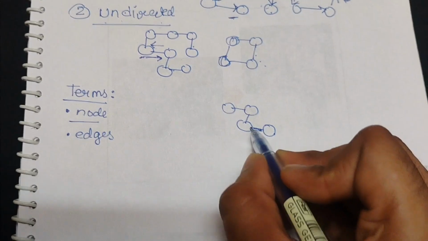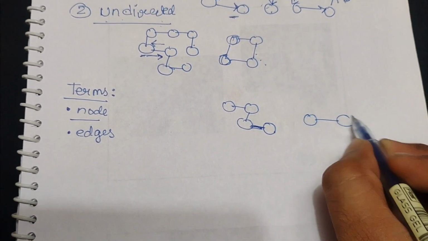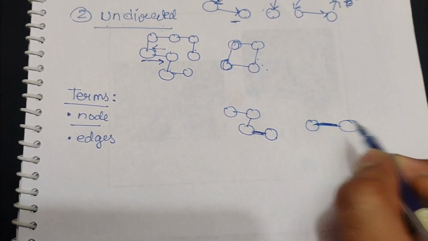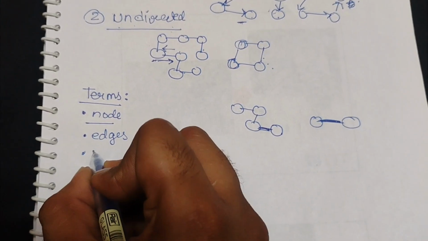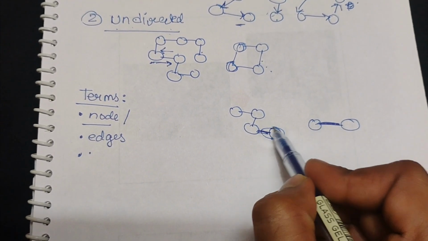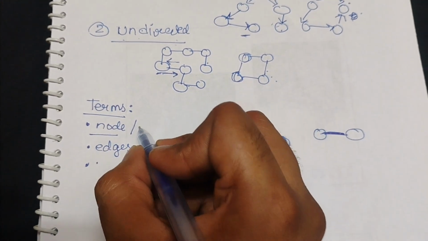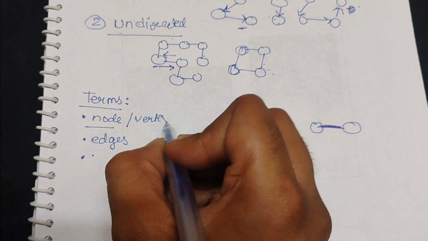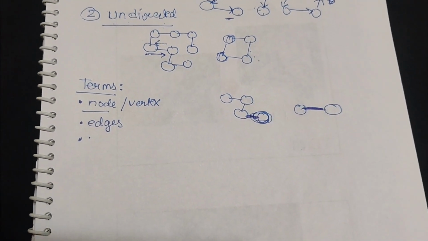This is an edge. An edge connects 2 nodes. A node can even be called a vertex in a graph. Both of these are mostly used in graphs.